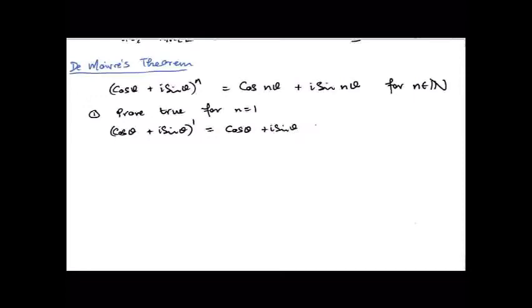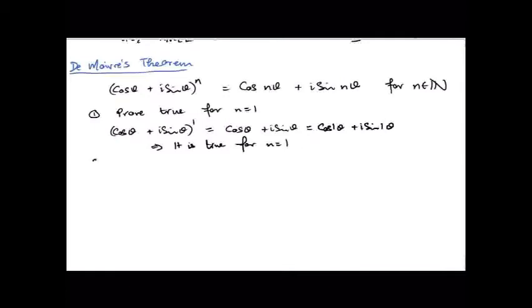But sure, isn't that the same as saying cos 1 theta plus i sine 1 theta? So it doesn't matter whether the 1 is out here or the 1 is multiplied by theta, it's the same thing. So what's the verdict? Is it true for n equals 1? You bet it is. Okay, so therefore it is true for n equals 1.